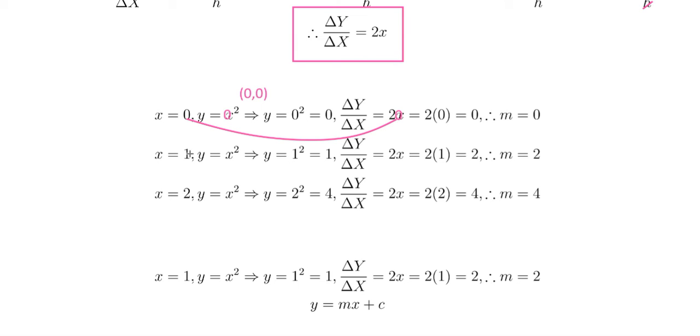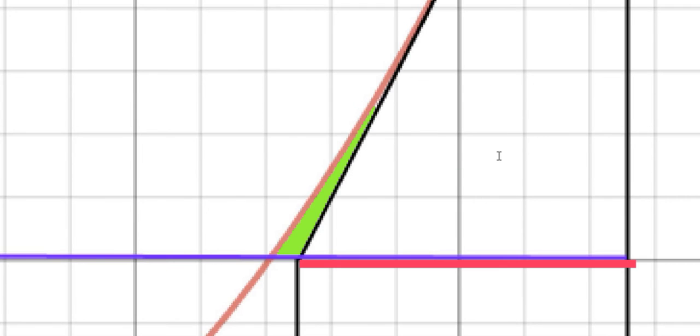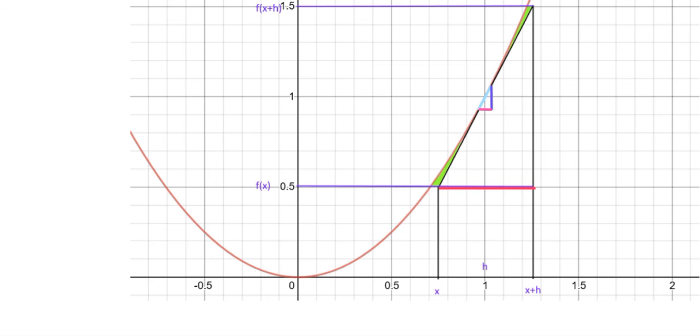What about when x equals 1? Well, when x equals 1, we'd have y equals 1 squared. 1 squared is 1, and so therefore we have the coordinates 1, 1. And this is the one that we've been particularly dealing with. As you can see here, this is the coordinate 1, 1.